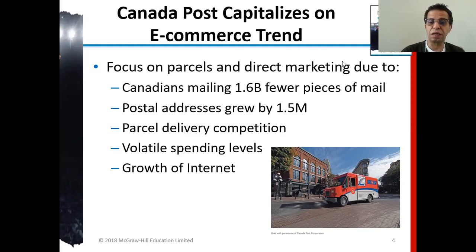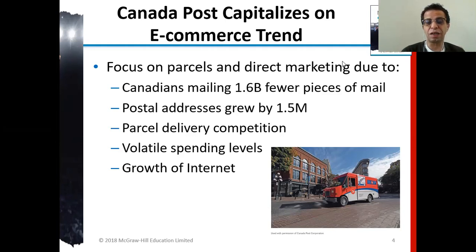And the second thing, in the old days, when we used to get an email, we would be very happy. And if we get a mail, we're not excited about it. These days, it's changed for us. If we get a mail in the mailbox, we're so excited about something that we can touch. And when we get 20, 30 emails, we're not excited about it. So the trend is changing.